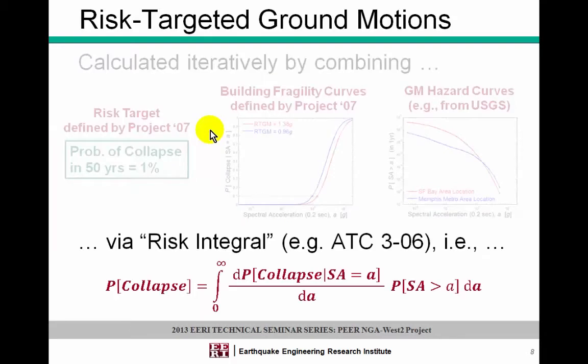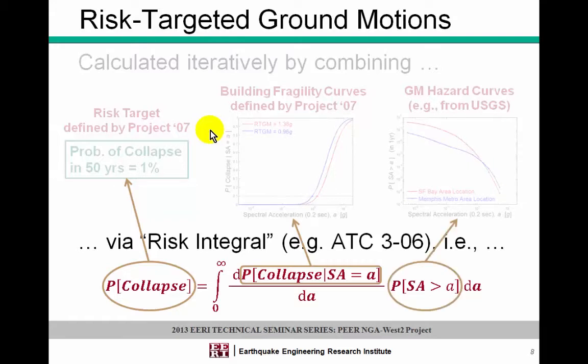So these things are combined via something that's often referred to as a risk integral, and you can find it as far back as ATC 306, maybe even further back, but that's late 70s. The risk integral tells you that an annualized probability of collapse of a structure can be computed by integrating the derivative of a fragility curve with a hazard curve.